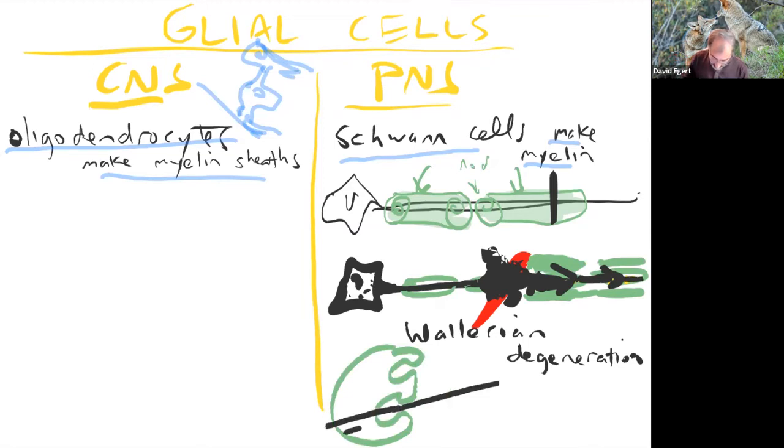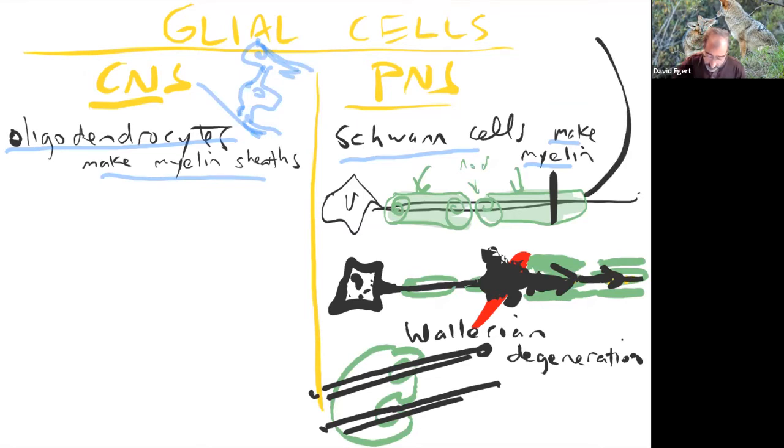I can have an axon and another axon, and they are being held apart because the Schwann cell, while not making a myelin sheath, is keeping them from short circuiting. So typically you think of myelin sheaths as the purview of Schwann cells in the PNS, but they also can just hold unmyelinated axons apart so they don't short circuit.